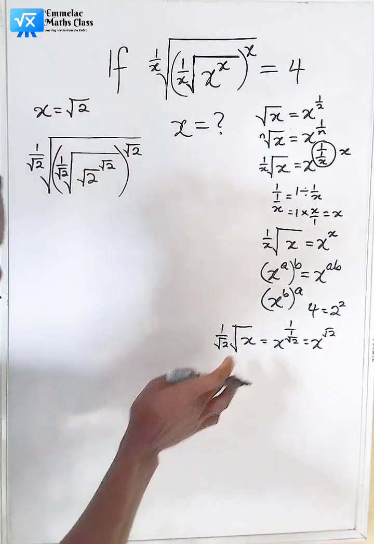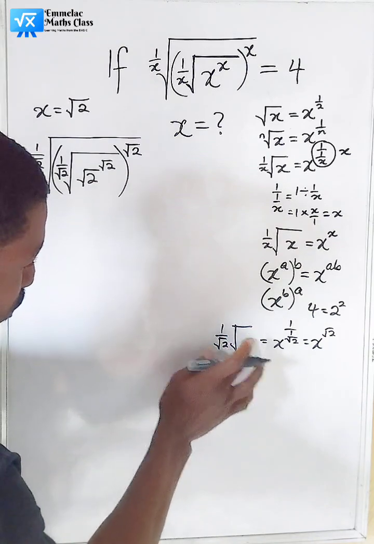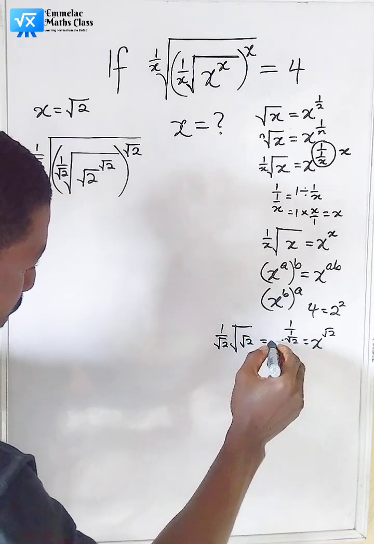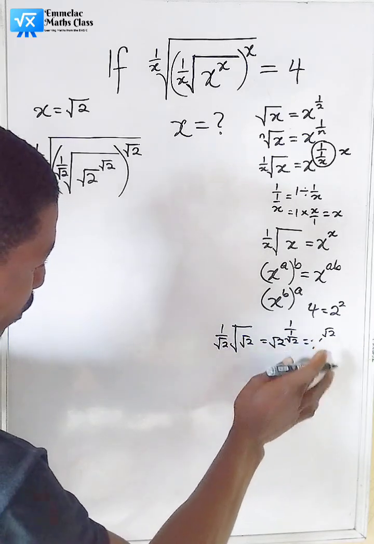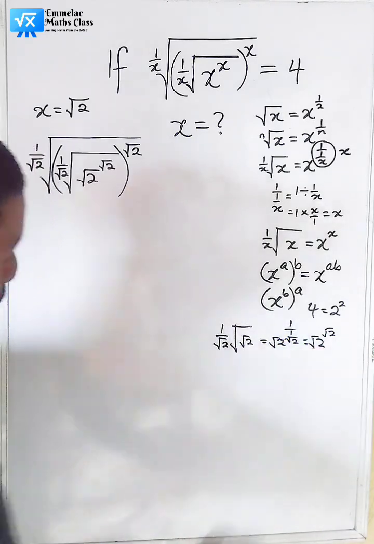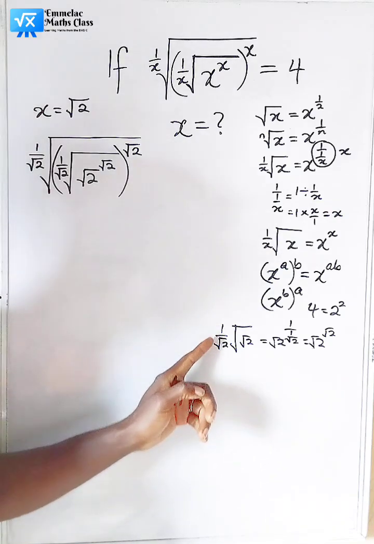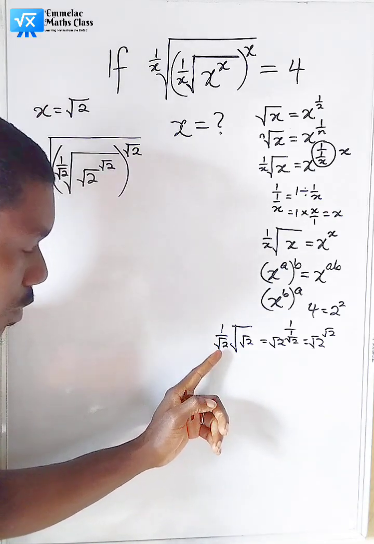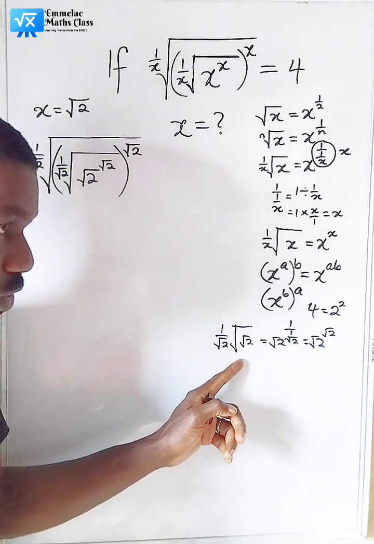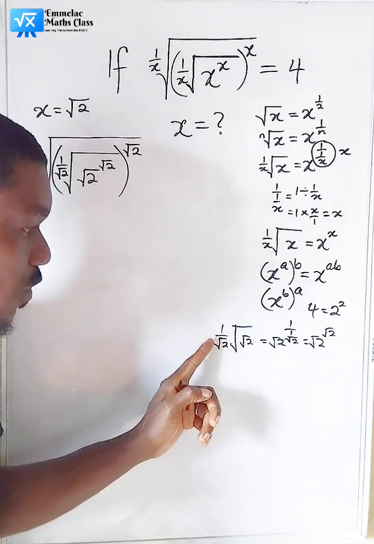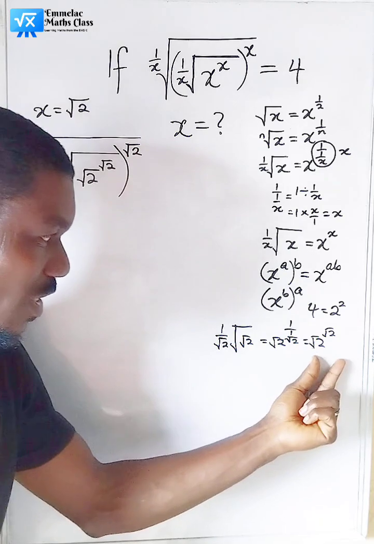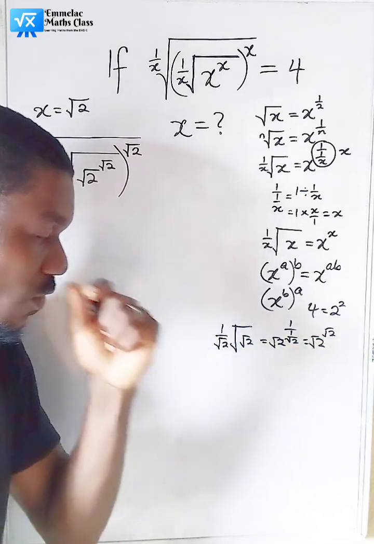So let us now replace x with square root of 2. So square root of 2 and square root of 2. Okay, so 1 over the square root of 2, root 2, will actually give us root 2 raised to the power of root 2.